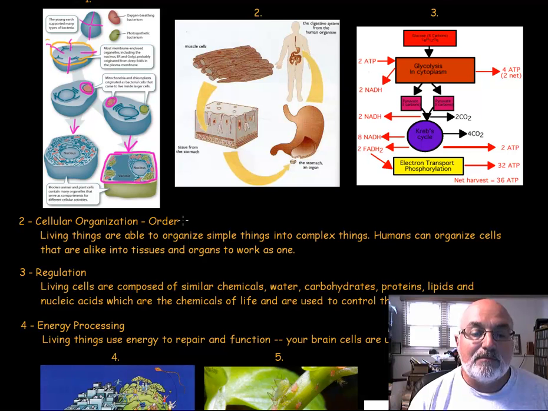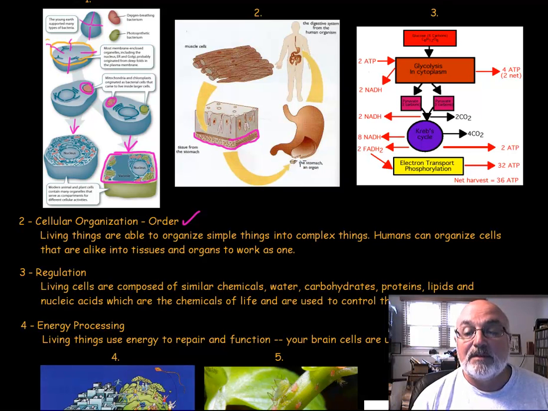But anyway, with this order, humans can organize cells that are alike into tissues, and they can turn those tissues into organs, and you are just a whole bunch of those. So here are muscle cells, which become a smaller part of tissue that's going to make up the stomach.